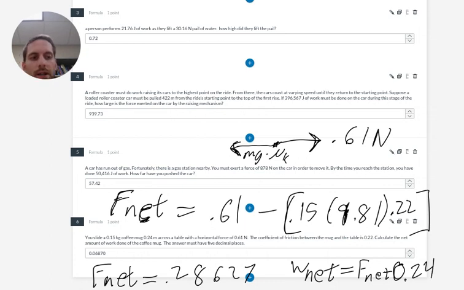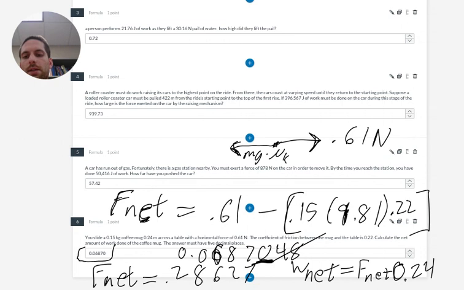So 0.28627 times 0.24 is going to give me 0.0687048, and here is 1, 2, 3, 4, 5 decimal places. And after that, it's a 4, so we don't care about that. And that's going to be your answer, 0.06870.